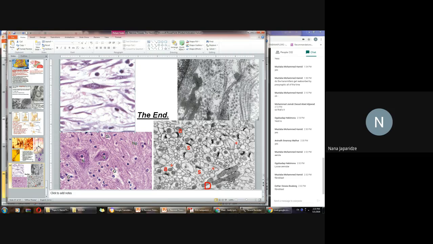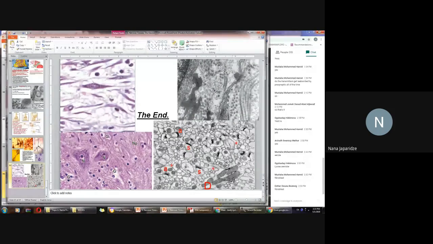And the same is here on the TEM. You see a small part of a fibroblast and extracellular matrix with collagen fibrils and elastin fibers here. Collagen fibrils are longitudinally sectioned, these are cross sections.